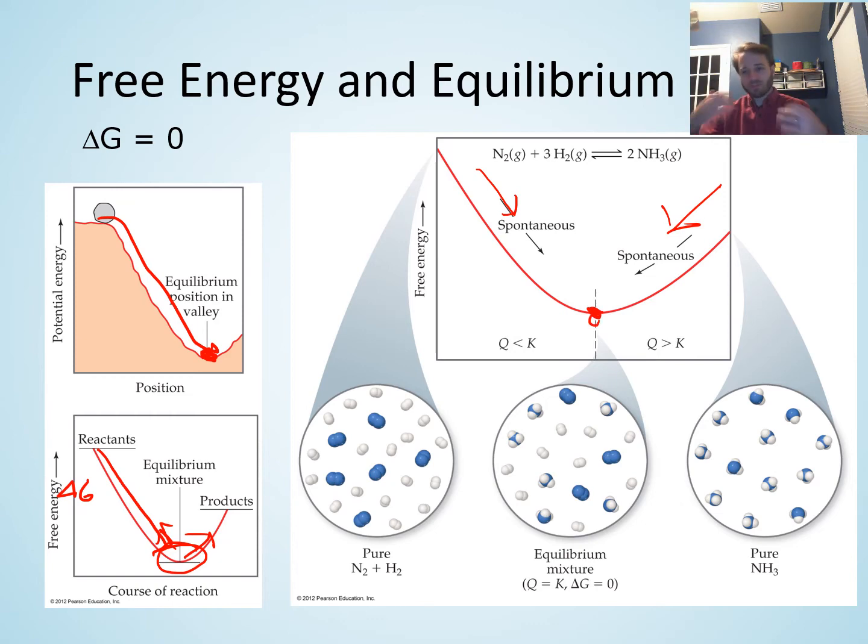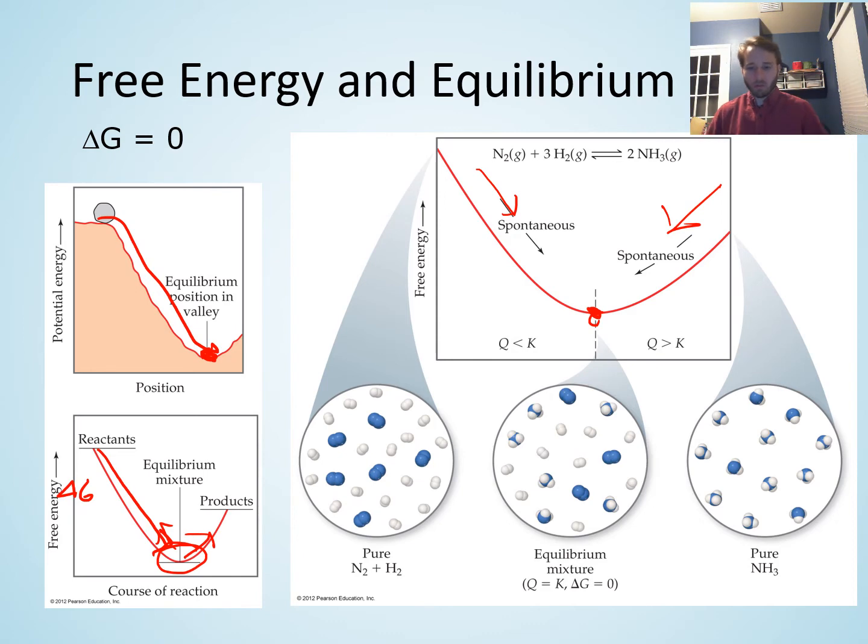This goes back to Le Chatelier's principle: any chemical reaction at equilibrium, when disturbed, will counter that disturbance to reestablish equilibrium. Every chemical reaction wants to reach equilibrium because that point is its lowest free energy, so it's always spontaneous to get to that point.